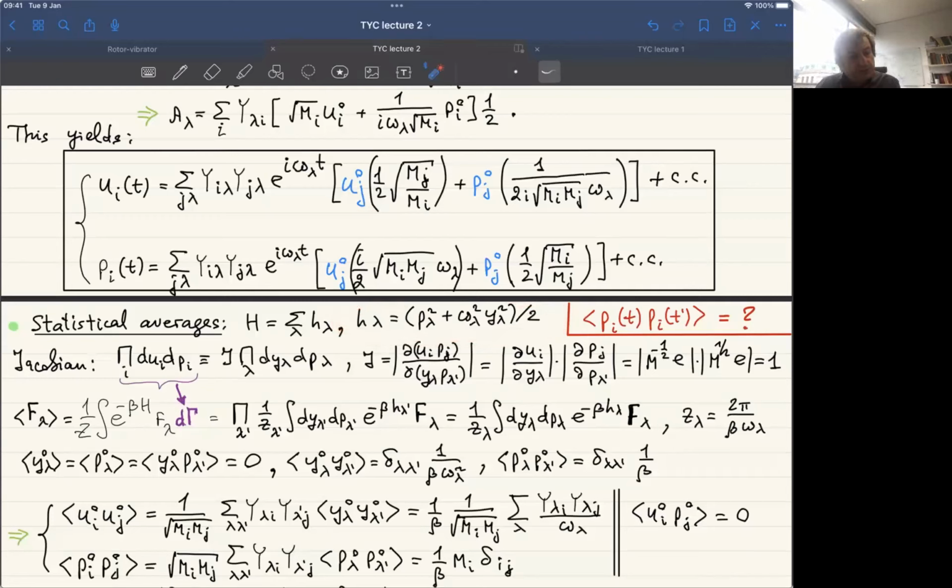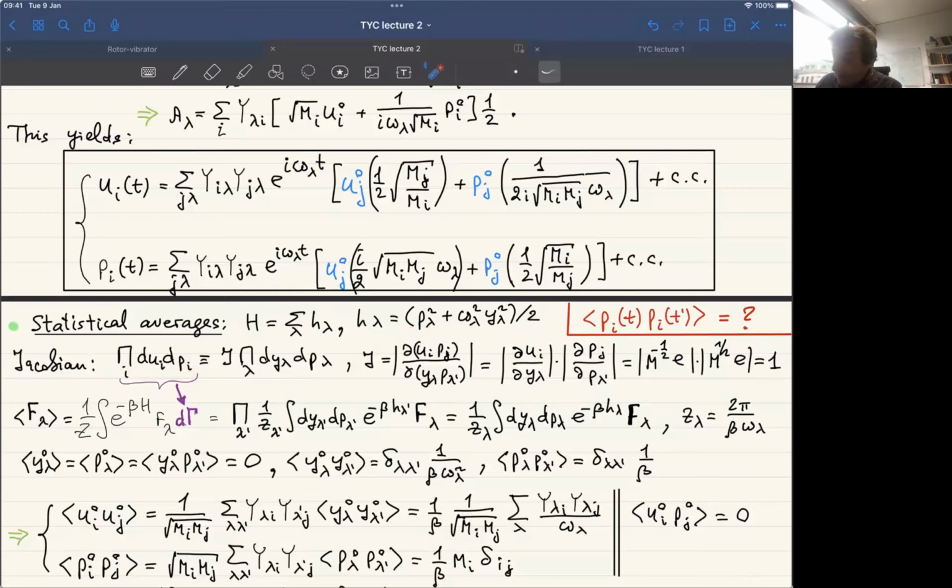Therefore, we will change our integration variables from U and P into Y lambda and P lambda. This can be done using a Jacobian, and the Jacobian can be easily shown to be equal to 1.